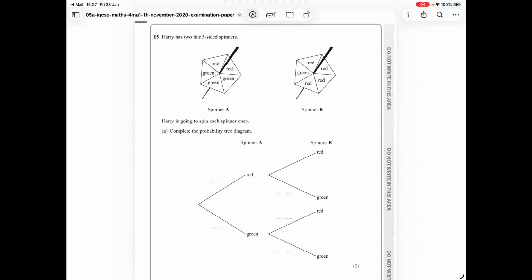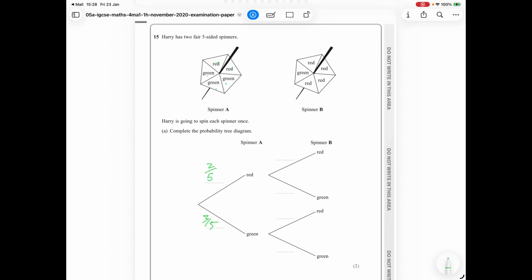Okay, Harry has two five-sided spinners, fair five-sided spinners, and he's going to spin each one. Complete the probability tree diagram. So for this one he's got 2 red, so that's 2 out of 5, and 1, 2, 3 green, which is 3 out of 5.